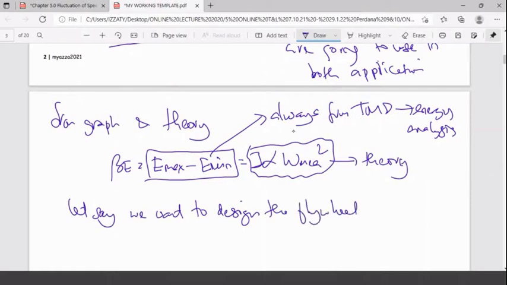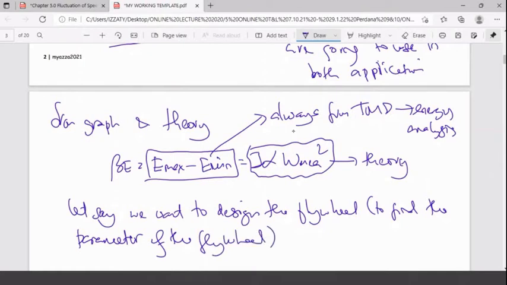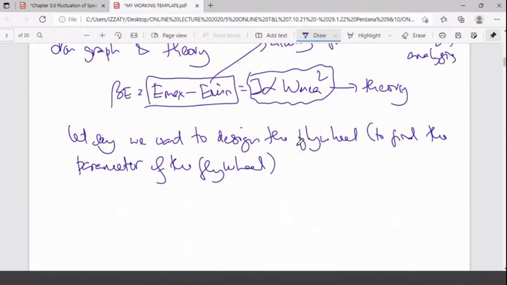Designing a flywheel is basically to find the parameters of the flywheel. The parameters that we are concerned with are basically the radius, the thickness, and also sometimes the mass, for example. But basically these two, radius and thickness.